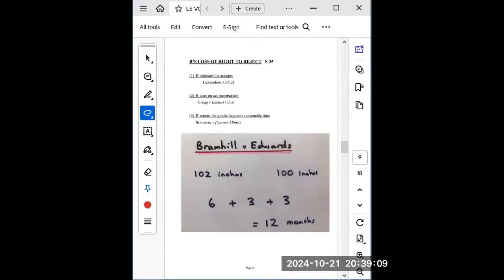Let's look at the buyer's loss of his right to reject. The buyer loses his right to reject under Section 35 in three ways. Firstly, when the buyer expressly intimates he accepts goods.